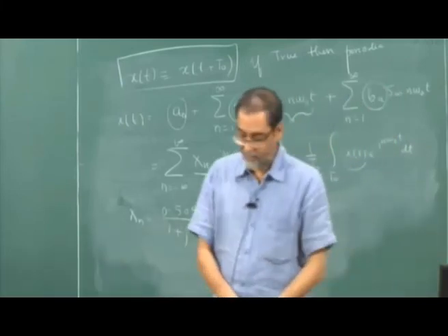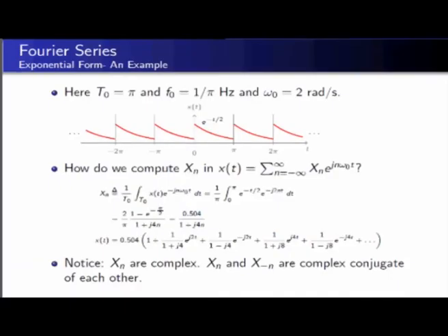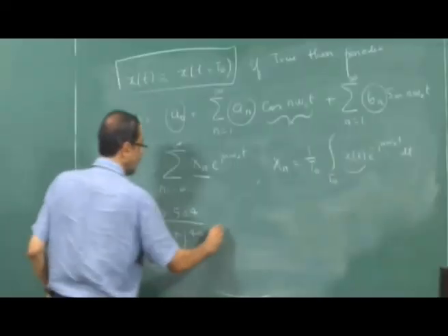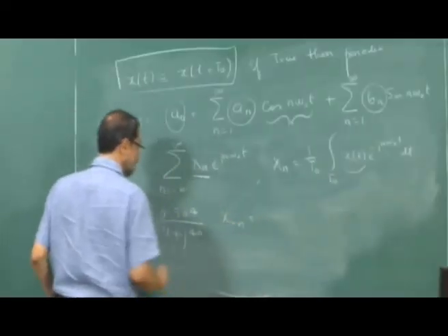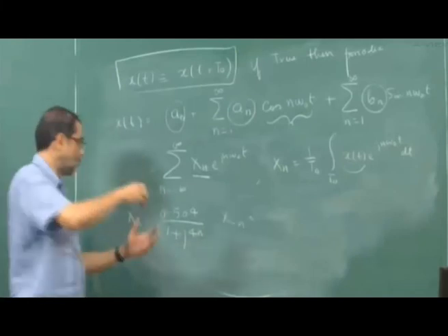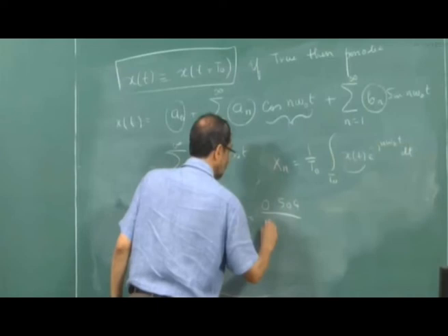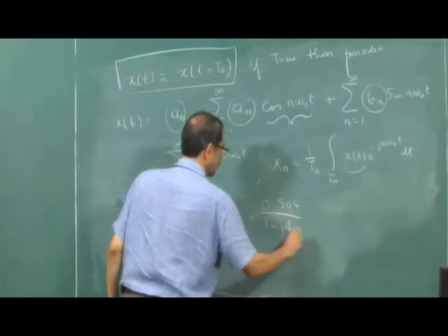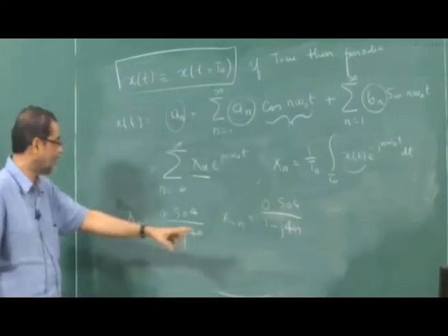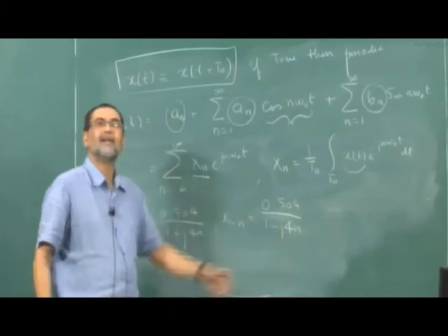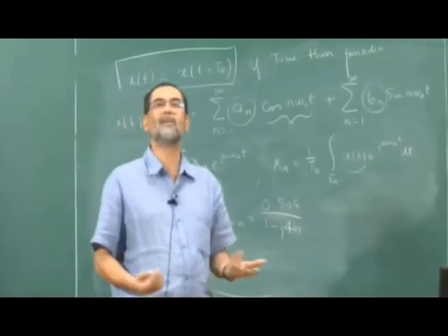And that's your x of t, and I would like you to see that your xn is complex, right? And if you do xn and x of minus n, for plus 1 and minus 1, it is 1 minus j 4n, right? N is negative, so one is plus, other is minus. This property is the complex conjugation property.